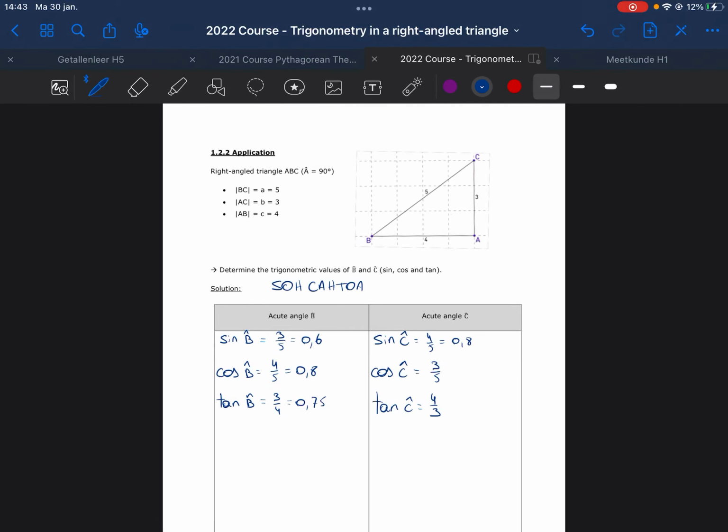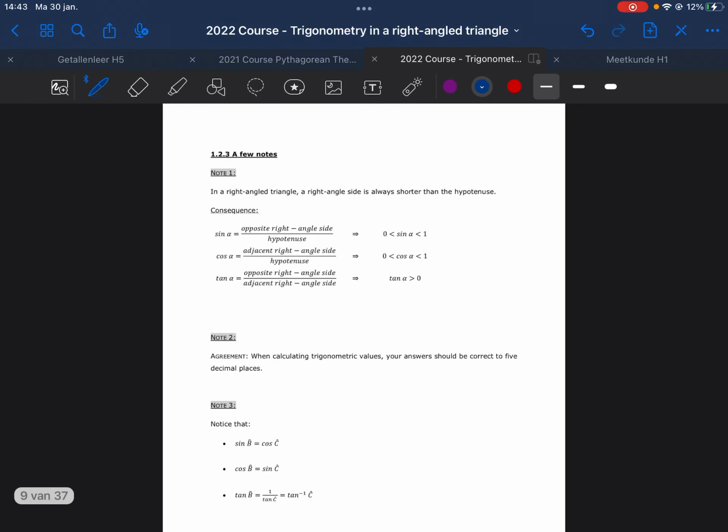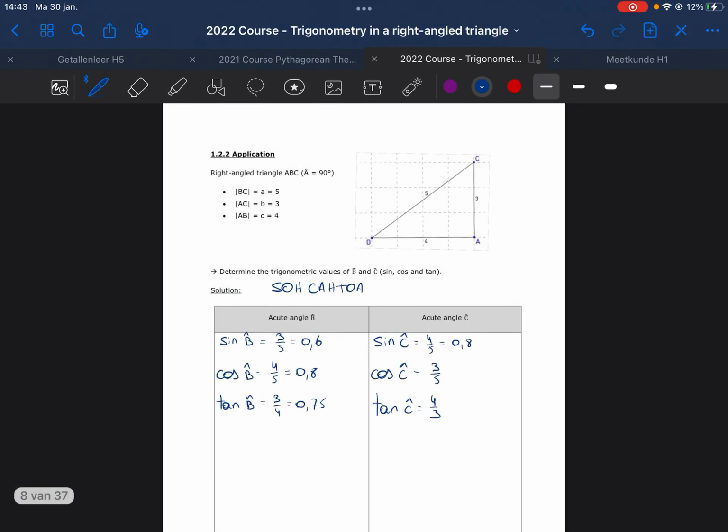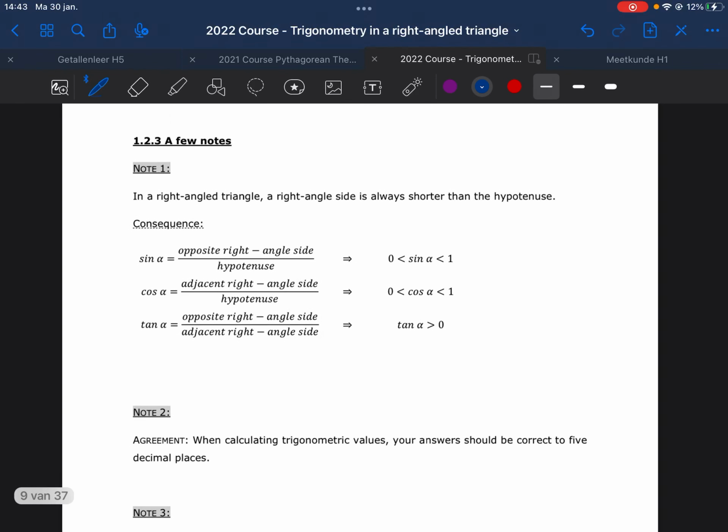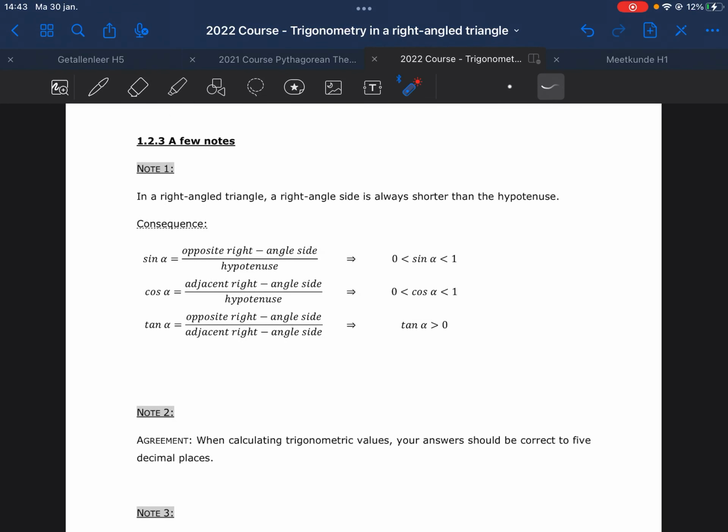Now, again, the next page is rather important. A good thing to note is that the sine and the cosine are always in between 0 and 1. So if you find a sine or a cosine that's larger than 1, you've done something wrong.